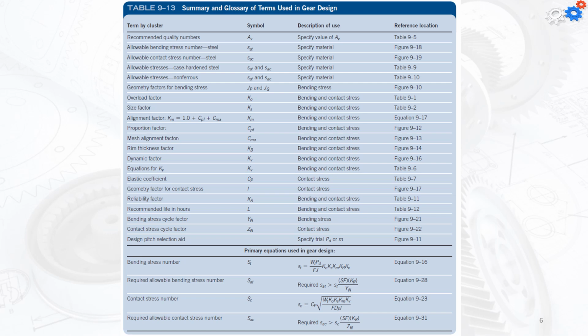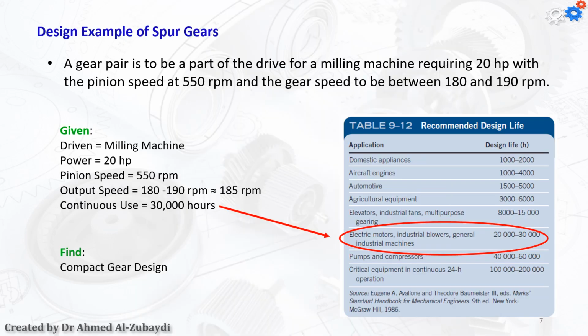So we need to prepare all these parameters first, then we are going to use these equations to find the outcome of our gears. Of course, this will be by following steps 1 to 12 and finding out if our design is going to be within the requirements of the design.